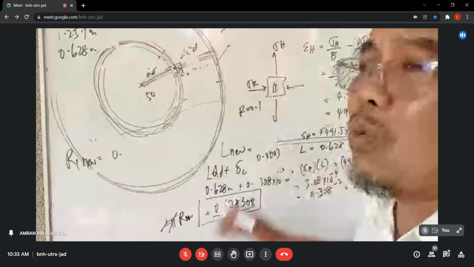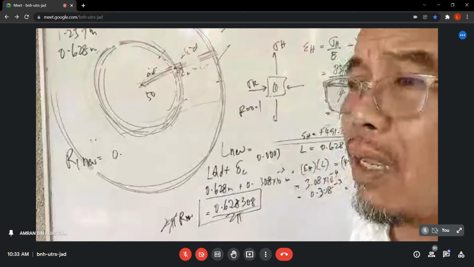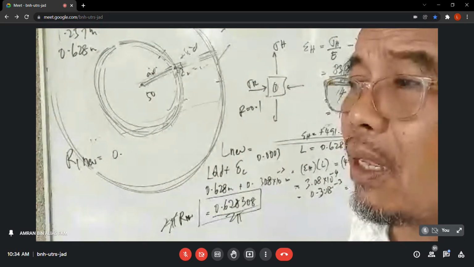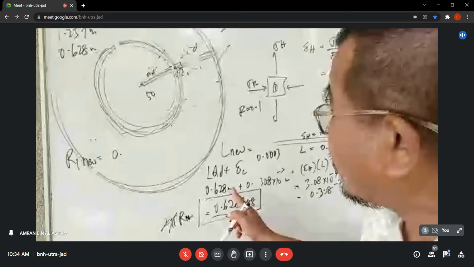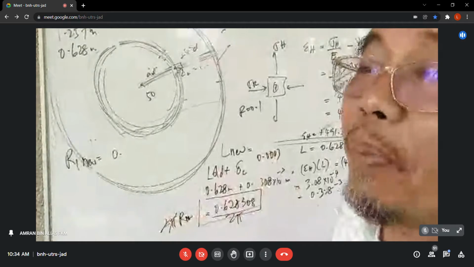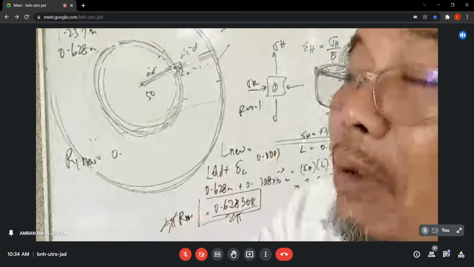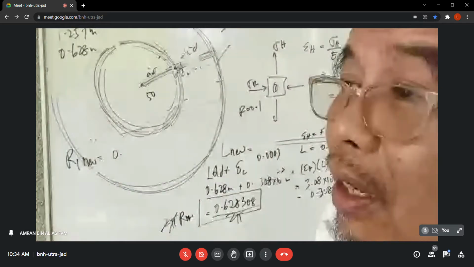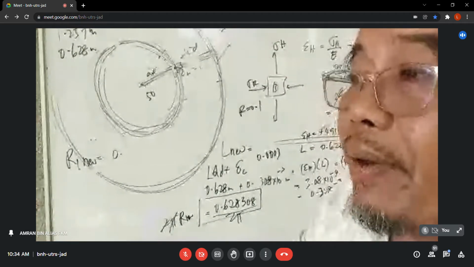Must be higher than 0.1. That's why you cannot put a small error here. You have to put so many decimal places, because R new must be bigger, right? Yes, must be bigger.